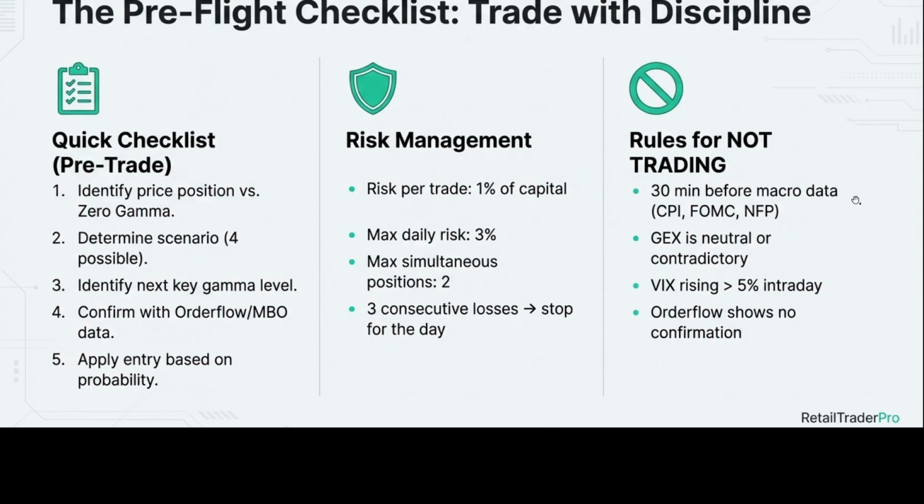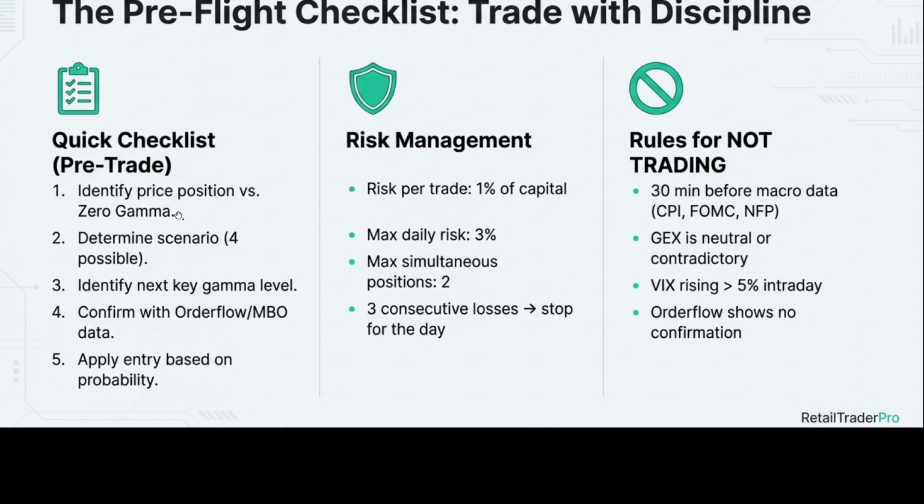Okay, the pre-trade checklist. Trade with discipline. Maybe you have your own parameters for taking a position, but I can give you some tips here. First of all, identify price position versus zero gamma.